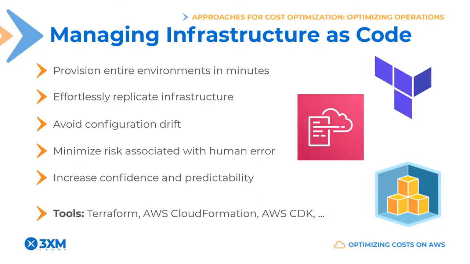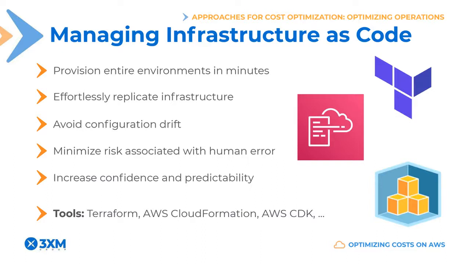Now, managing infrastructure as code. Manual approaches to managing infrastructure are slow, error-prone, and make it really difficult to track changes over time. In contrast, by managing infrastructure as code, you can provision entire environments in minutes. You can reuse the same code and effortlessly replicate your infrastructure.